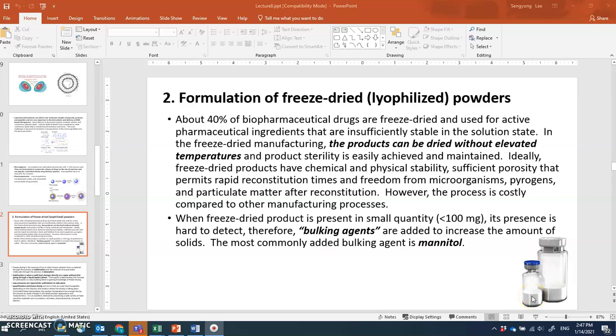So to give that visibility, sometimes bulking agent is added in your freeze drying formulation to make a very visible, fluffy, nice looking cake after freeze drying. So that's what this statement means. Bulking agents may be added to make a drug visible after freeze drying. One of the most commonly used bulking agents is mannitol. We'll talk about mannitol again.